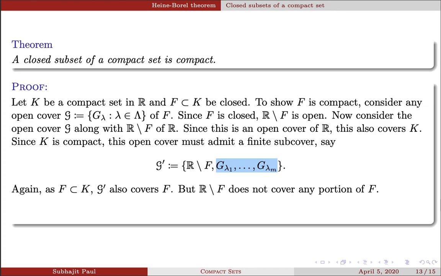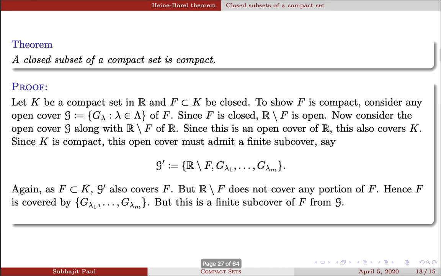There is no other way out. So R minus F does not cover any portion of F. Hence, F is covered by the rest of the portion, G λ1, G λ2 up to G λM. But this is a finite subcover of F from script G, right?